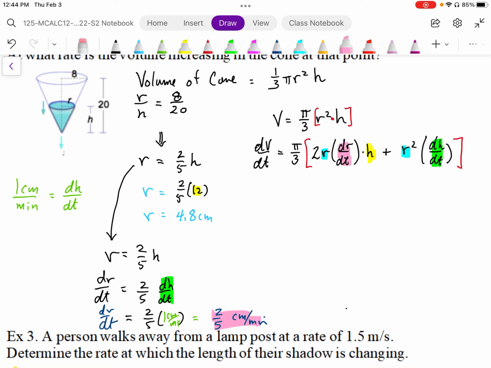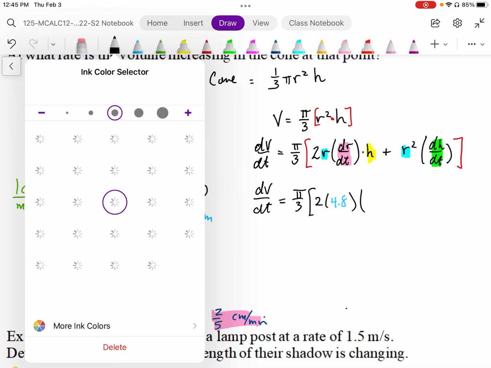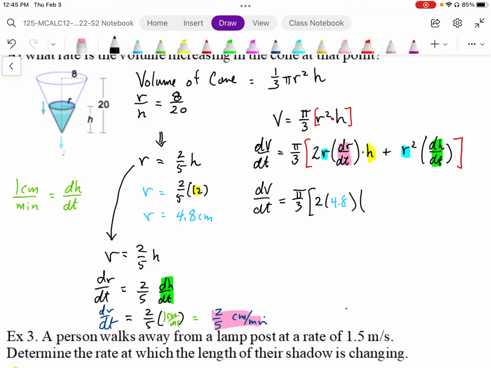So I have all the parts I need then to be able to solve for dV by dt. I'm just going to plug in everything into this expression. I just got to make sure I collect all the parts. So pi over 3, 2 times, well, I have 4.8 as my r, so I'm going to fill that in. My dr by dt, well, I figured that out to be 2 over 5, or 0.4.